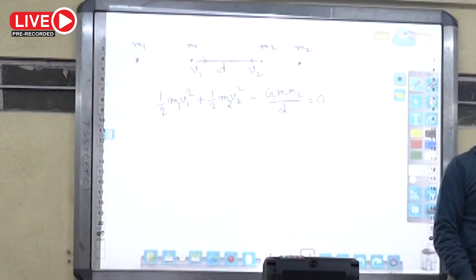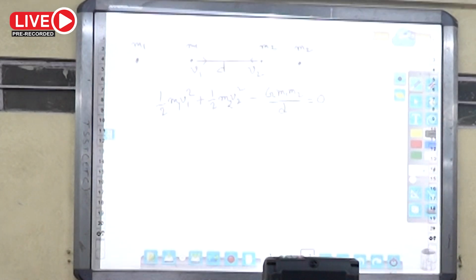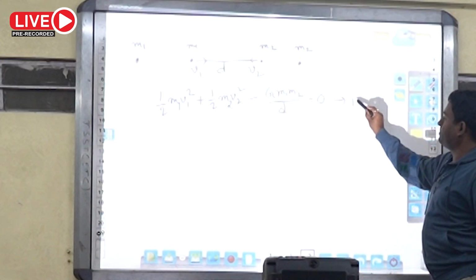Initially kinetic and potential are both 0, so the total mechanical energy is 0, and finally it should be 0 according to conservation of energy. Potential energy goes from 0 to negative, which means kinetic energy builds up. This gives equation 1.